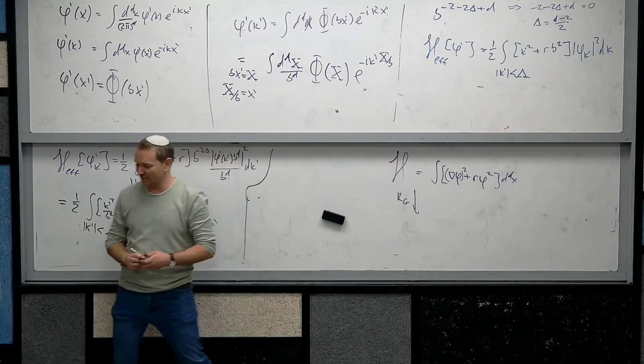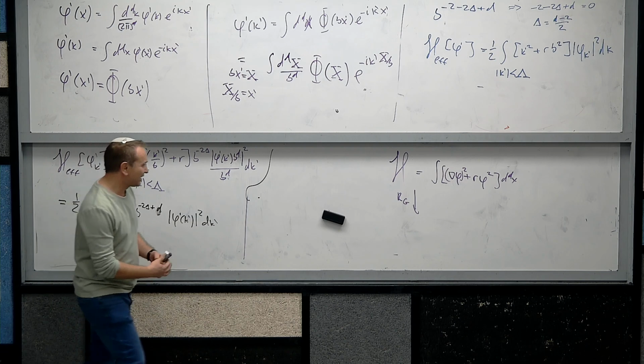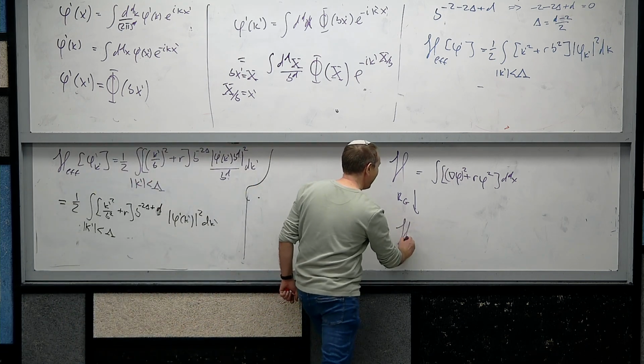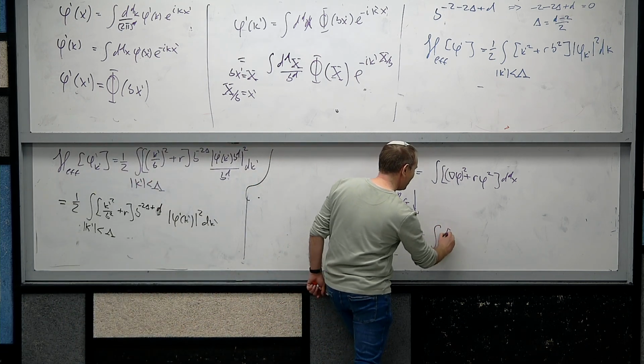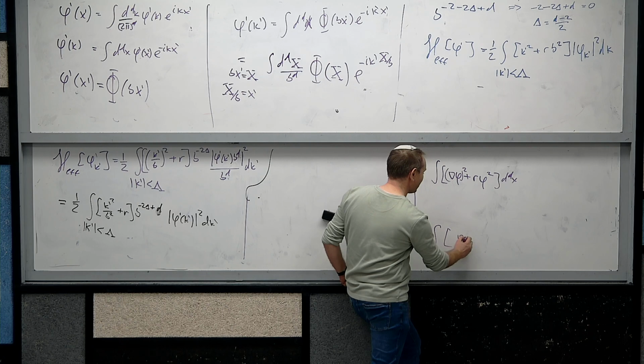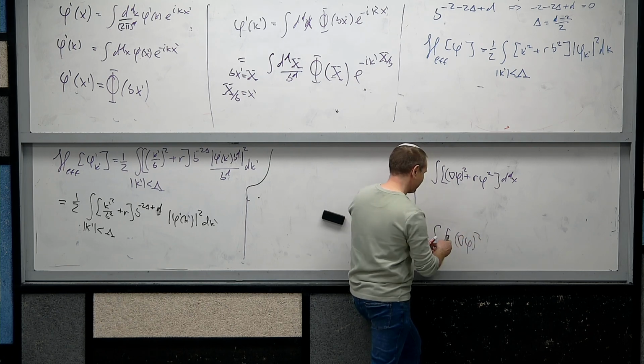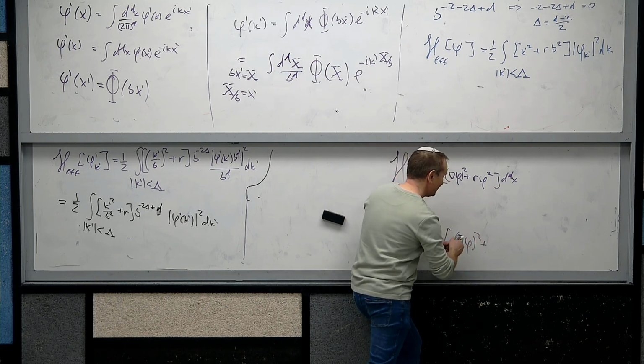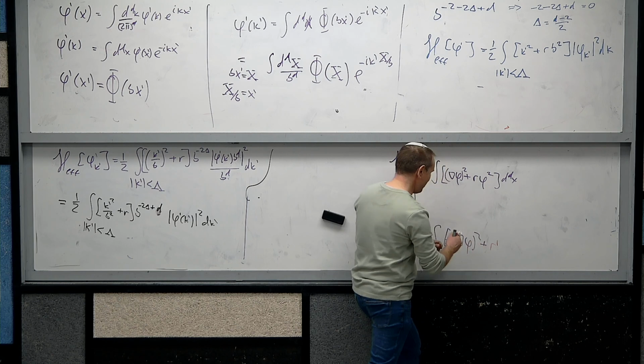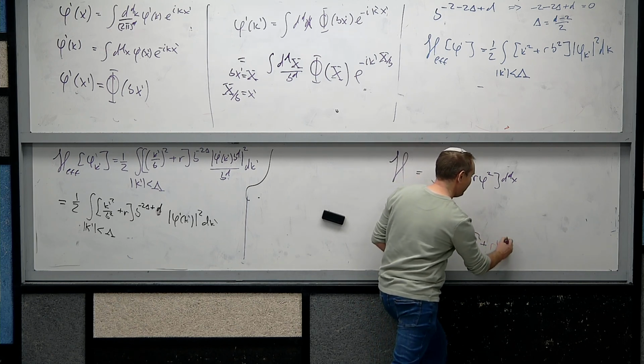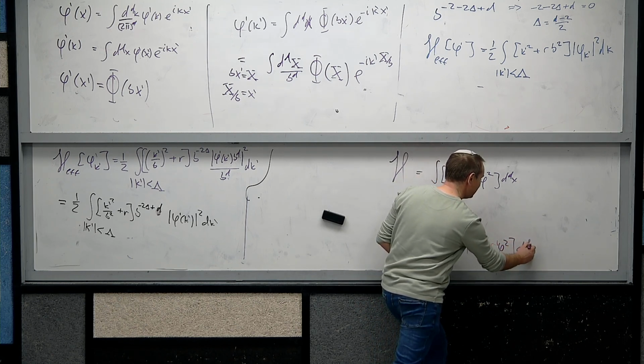The only thing that it does, you get again H equals an integral of grad phi squared plus r prime phi squared d^dx.